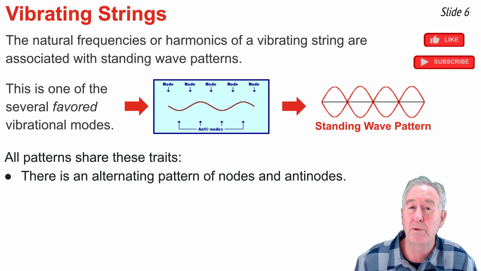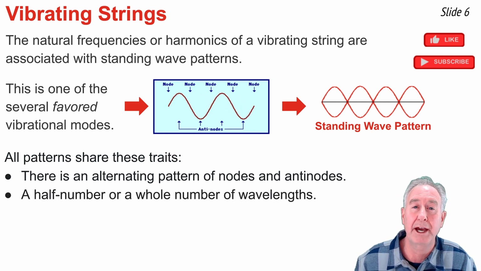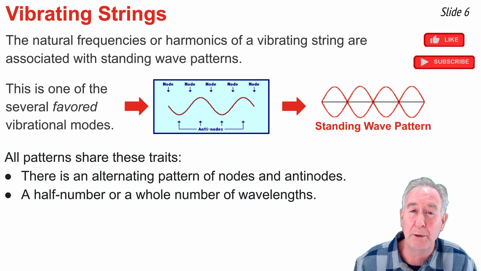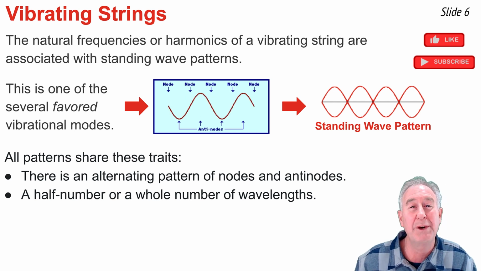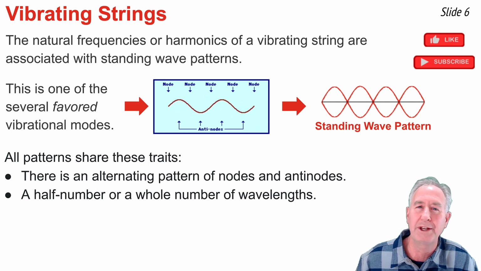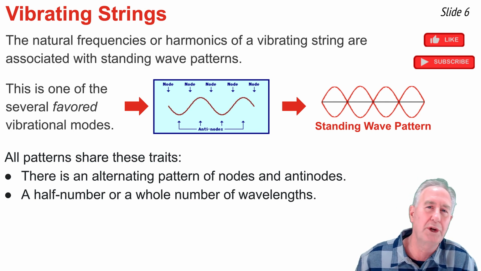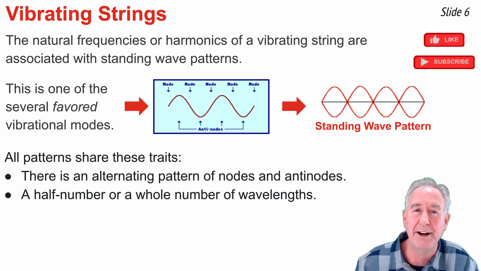Second, the number of wavelengths that you would observe within the pattern would be a half number or a whole number of wavelengths. For example, you might observe 2 wavelengths or 1.5 wavelengths or 1.0 wavelengths or 2.5 wavelengths, but you would never observe 1.68 wavelengths or 0.83 wavelengths within the pattern.